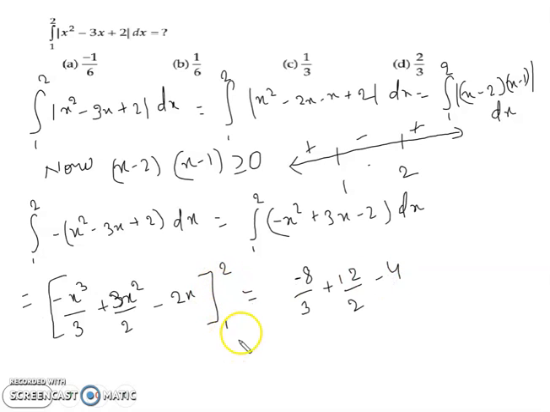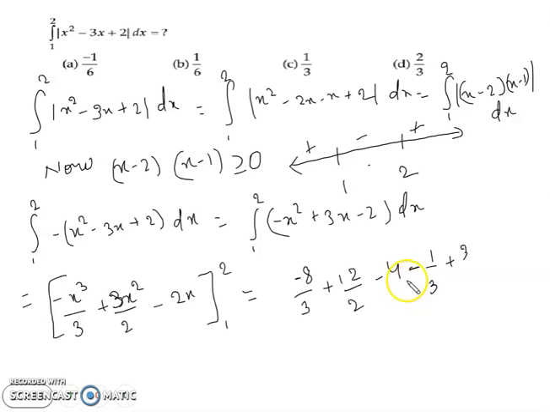Now when we put 1 in all this term instead of x, we will get minus 1 by 3 plus 3 by 2, okay? And because the sign of all this term will be opposite, because after putting the higher limit we give the negative sign, according to the concept.